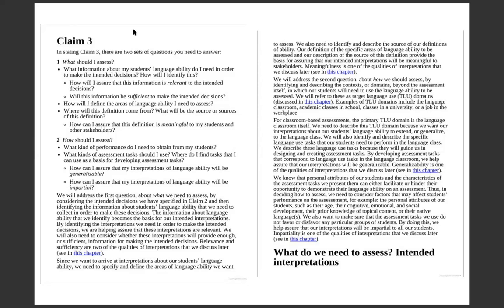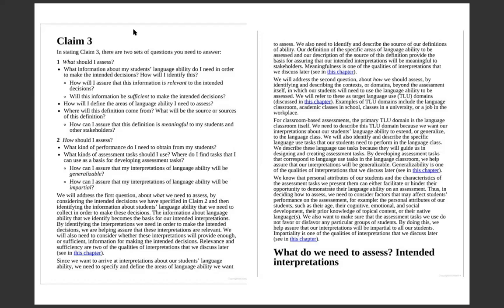So in regard to the first question, what kind of performance do I need to obtain from my students? What can I understand by performance there? Performance is the way you actually do the task. Sometimes it's oral, but here it's written. It's completely written.